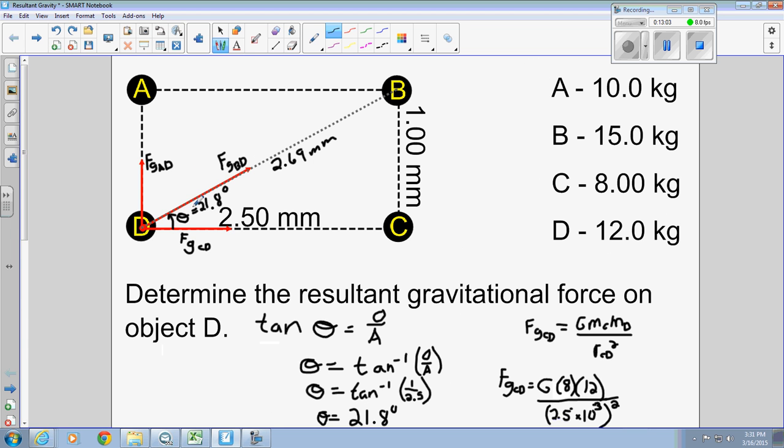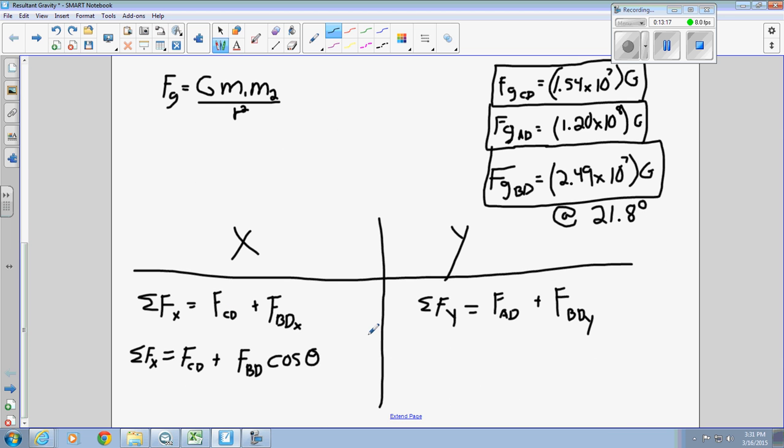Why cosine? Because it's measured from the x. Cosine of 21 is going to give you the x component, the adjacent component of your BD vector.